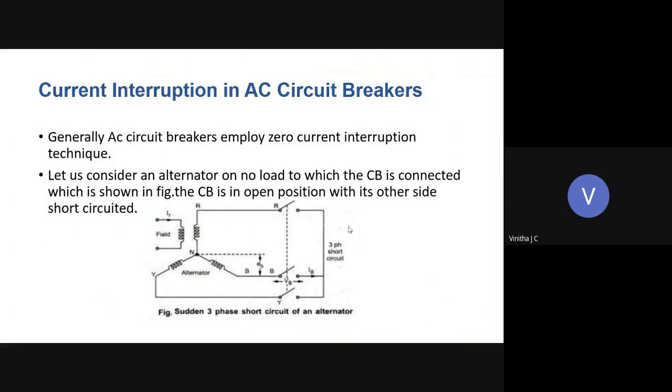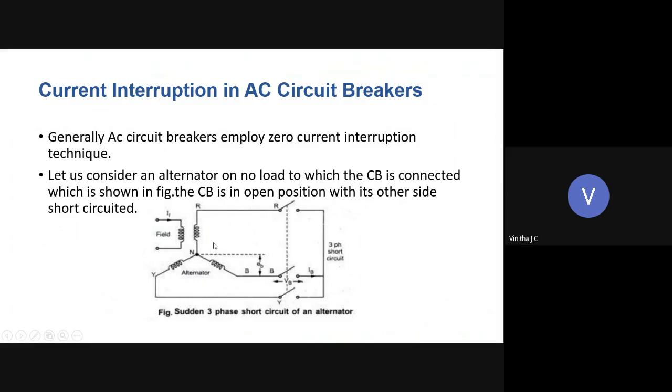But with AC circuit breakers, for each and every cycle, the current becomes zero at the natural zero crossing. So in AC circuit breakers, we can interrupt the faulty current very quickly and in an easy manner. This method is called the zero current interruption technique.